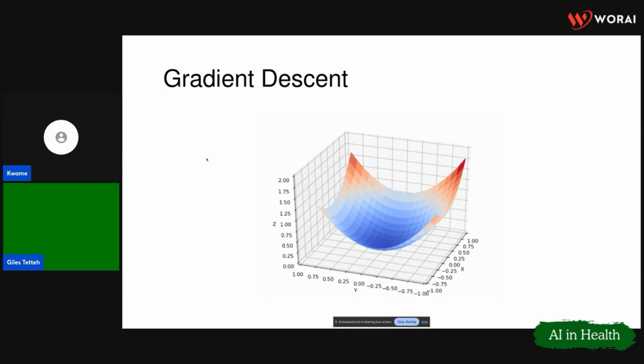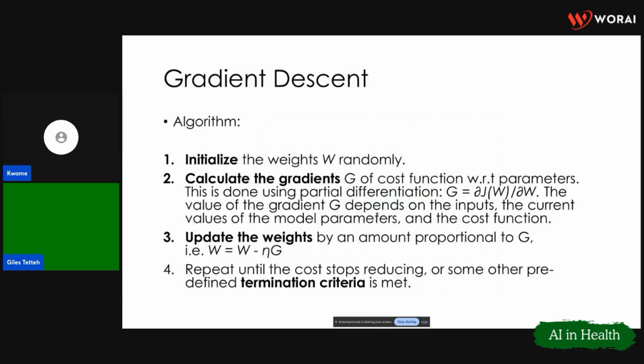Where it's not easy to estimate, we have a technique called gradient descent, which tries to follow the gradient of our function and move to the minimum point of the function. And this is the algorithm for performing our gradient descent.